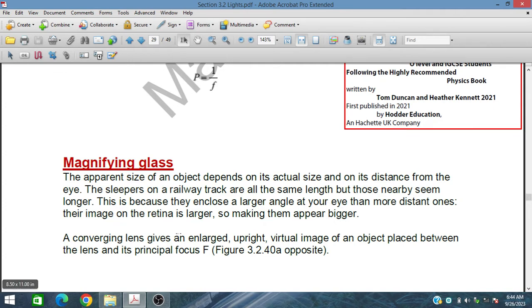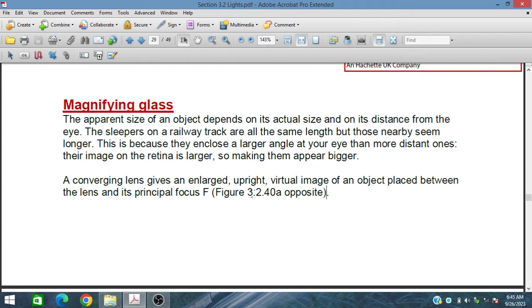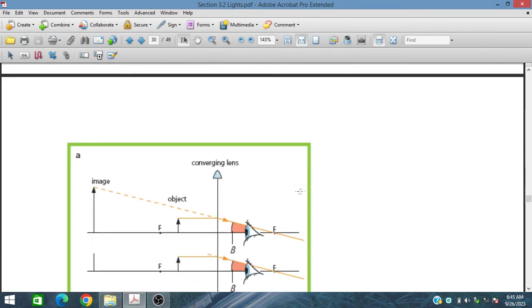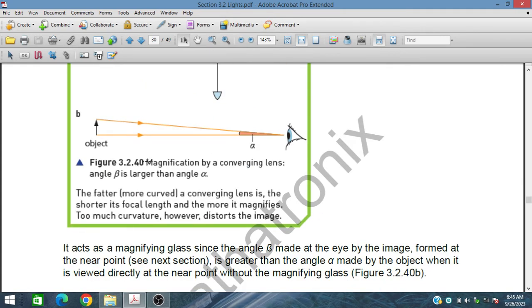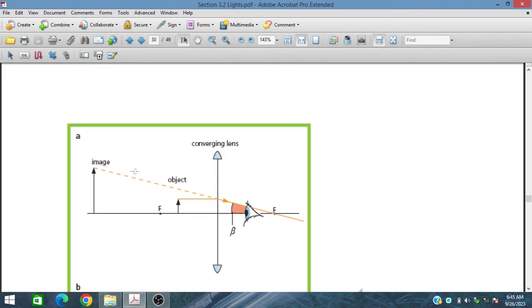This is one of the reasons that a converging lens gives an enlarged, upright, virtual image of an object placed between the lens and its focus. This is very important, and this is shown in figure 3.240A. Here we have this object, and this is our converging lens.